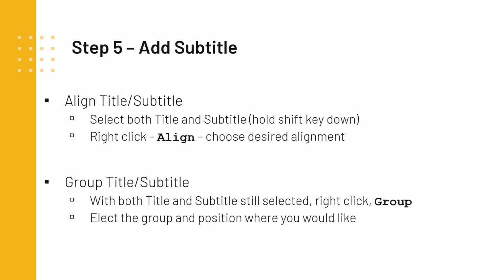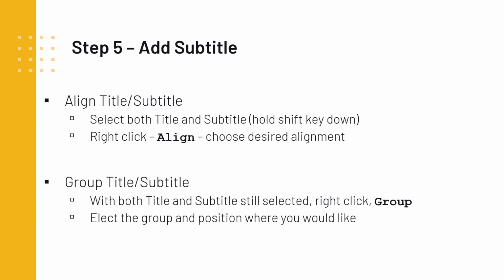Next, we'd like to align and group our title and our subtitle so they act as a single entity. So in order to align the data to get the alignment we're looking for, you're going to select both the title and the subtitle. You can do this by holding the Shift key down as you're selecting them with your mouse. Then right-click, it will bring up a pop-up, choose Align, and select the desired alignment.